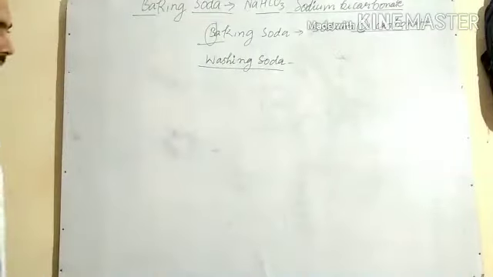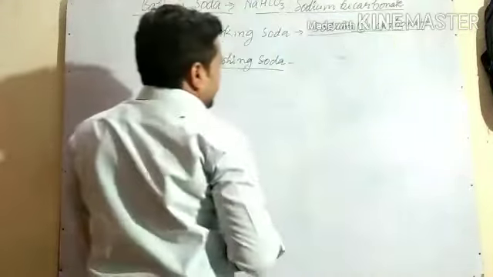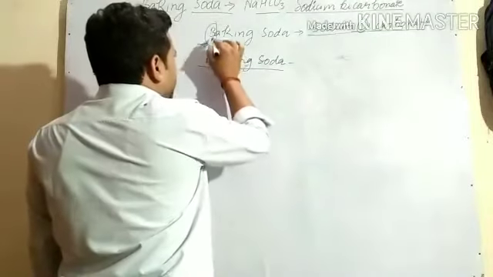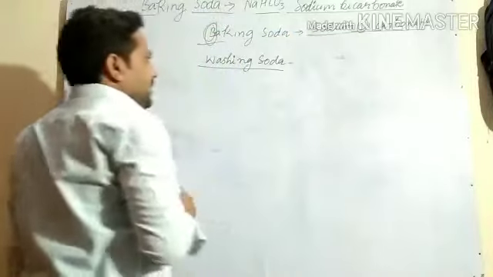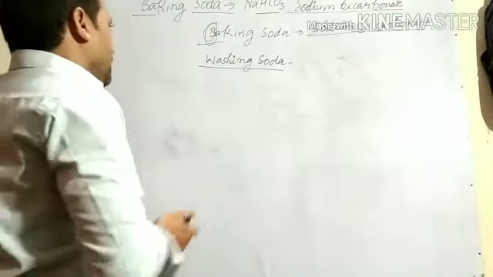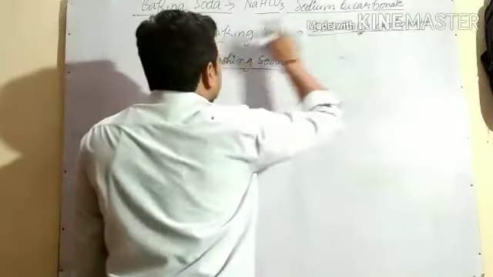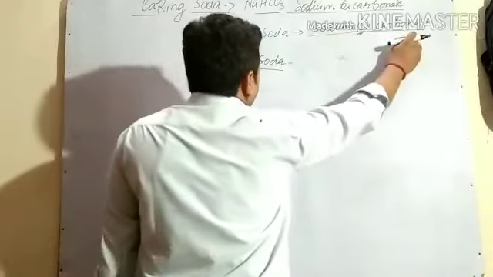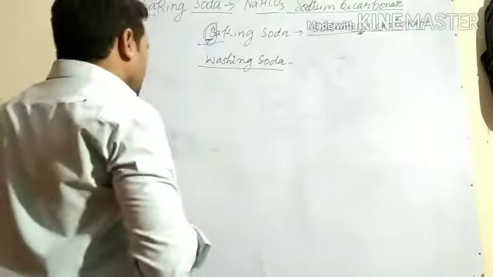Remember that B is common in both, in the name as well as in the compound. So baking soda, B from here and B from there, means baking soda is sodium bicarbonate. Like this you can remember it.